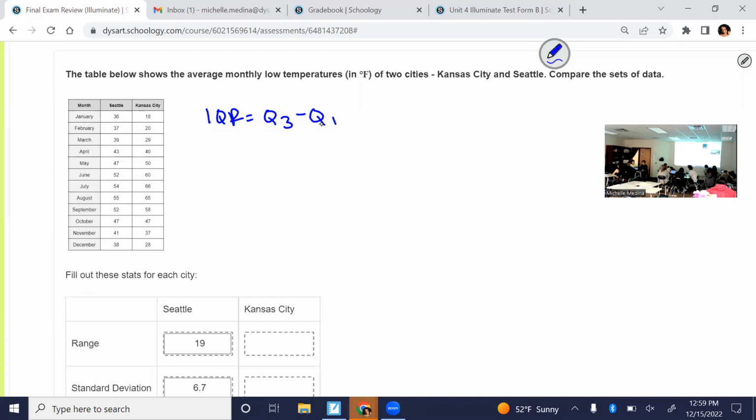But for that, you would need your data to be in numerical order. So what's my smallest value? 36, and then what? So I have those four. What's the next smallest?